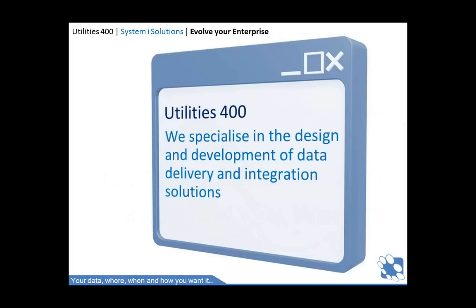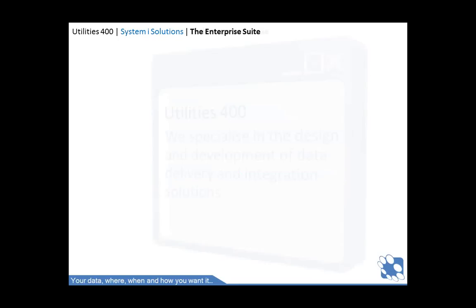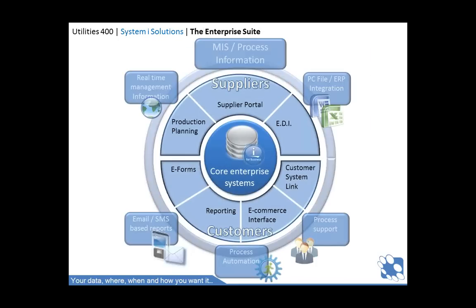It should be reassuring to know that today's presentation comes from industry leaders in IBMI integration and intelligence solutions, Utilities 400. Utilities 400 have a proud history of supporting businesses on IBMI. We've an accumulation of approximately 100 years of AS400 experience poured into products developed to meet the needs of businesses running on the I platform.